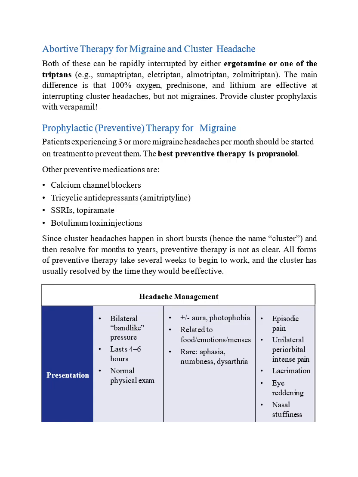Provide cluster prophylaxis with verapamil. Prophylactic or preventive therapy for migraine: patients who experience 3 or more migraines per month should be started on treatment. The most common preventive therapy is propranolol.